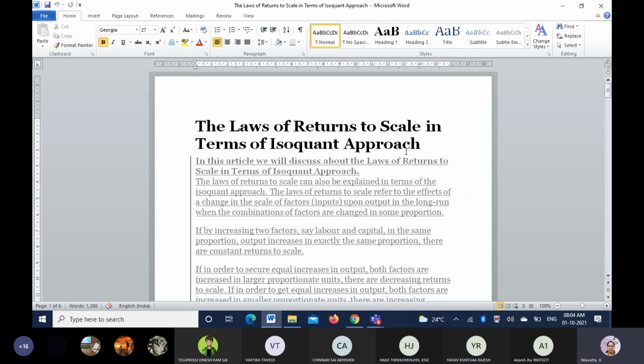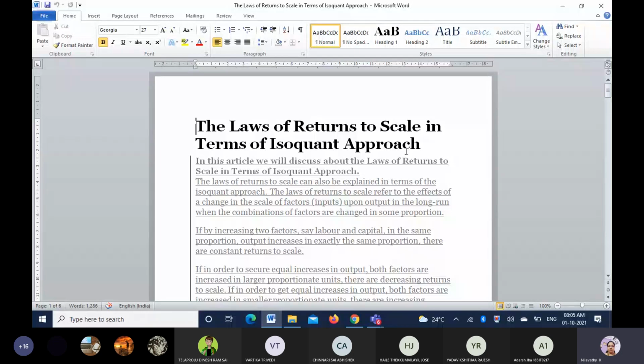Isoquant, isocost line, all these things we saw when I explained producer's equilibrium. And the law of returns to scale, I took it yesterday: the scale of input that is used in the production process, what happens to the returns to output, and with the marginal value, how to identify whether it is increasing returns, diminishing returns, or constant returns, and the causes of these types of returns in the production process.